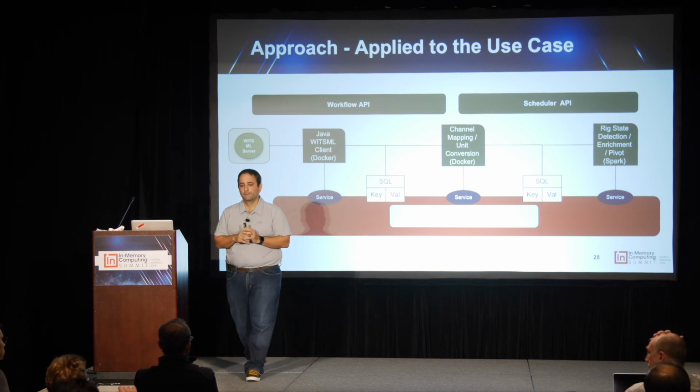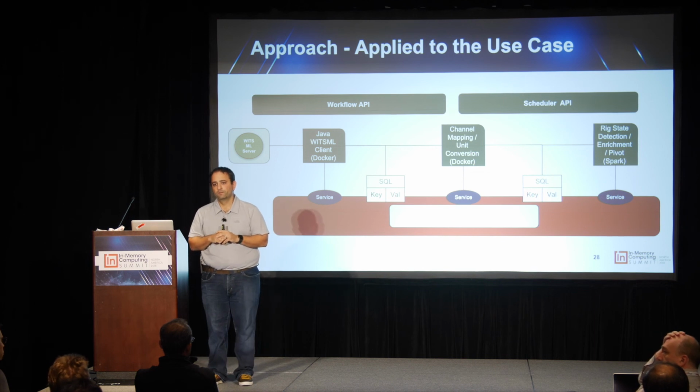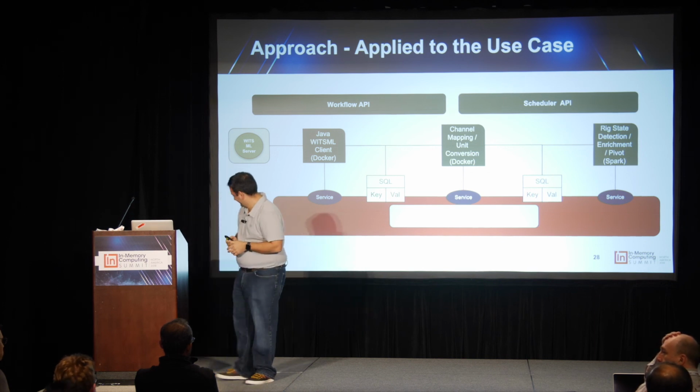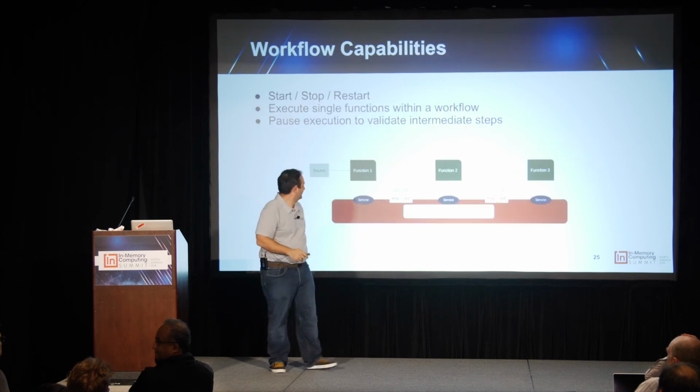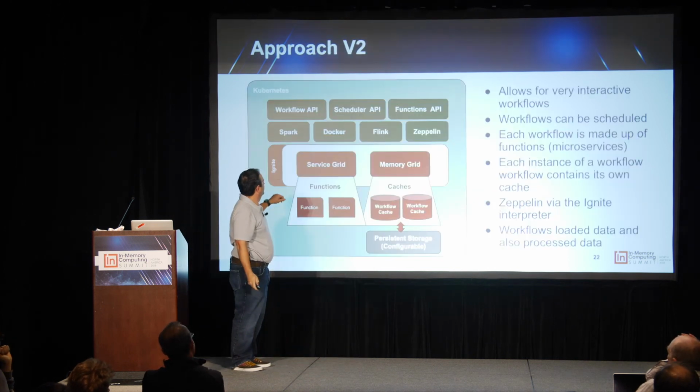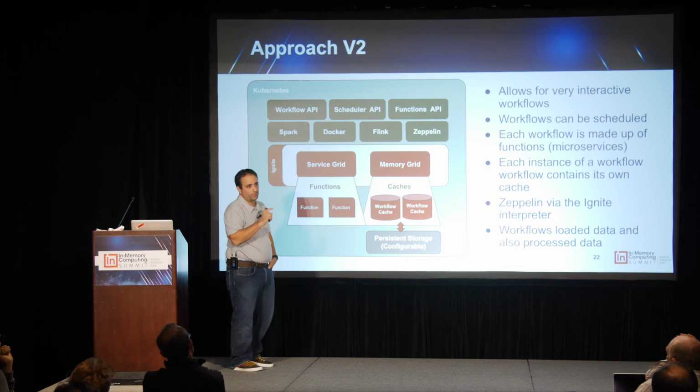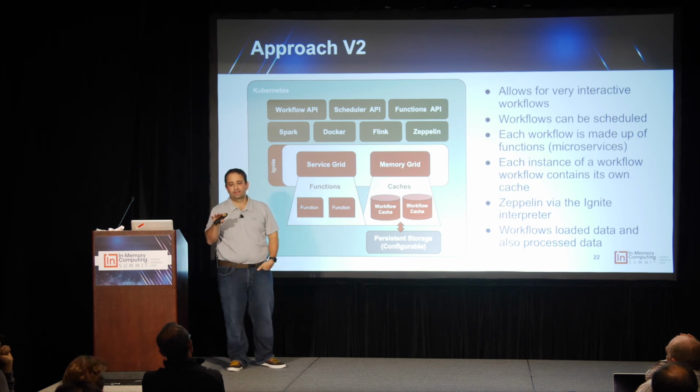Yes? If you do V3, what would you change from V3? Good question. All right, here's V2. If I did V3, what would I do differently? To be honest, one of the things I would do is refactor the data locality.